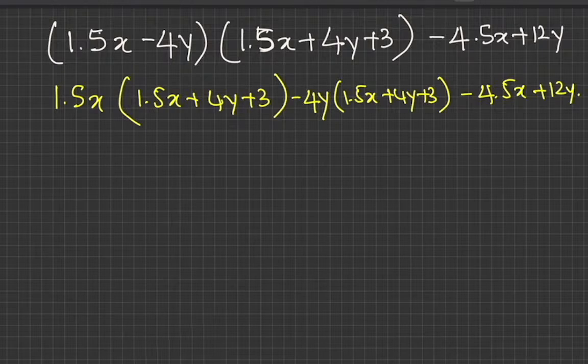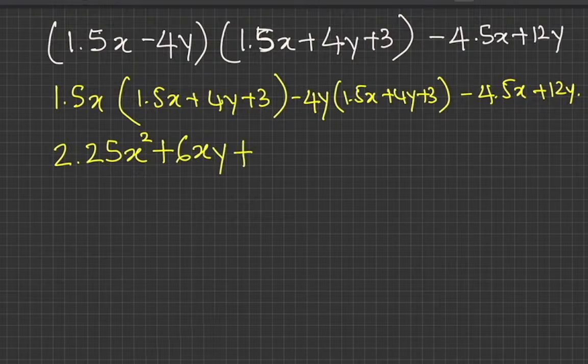So 1.5x times 1.5x will give me 15 times 15, 15 squared is 225. So it will be 2.25x squared, plus 15 times 4 is 60. So there's only one decimal. So it will be 6xy, right?